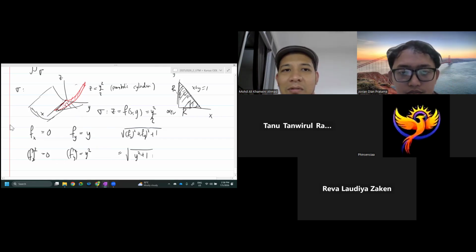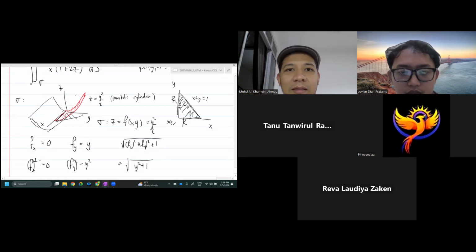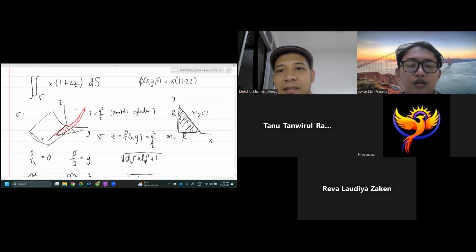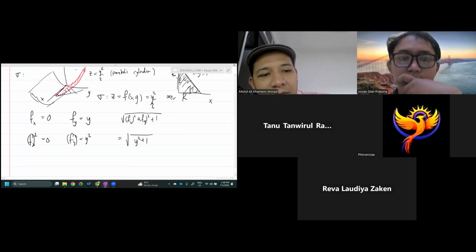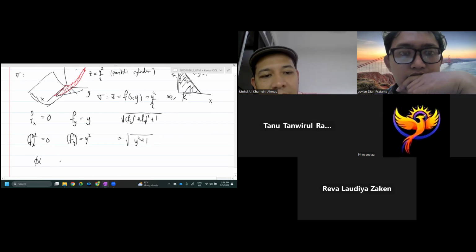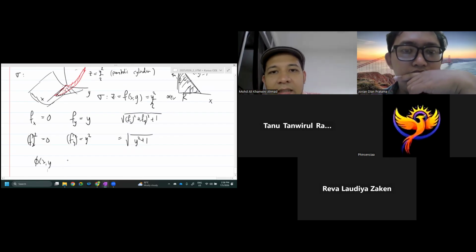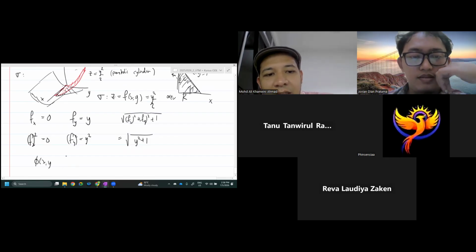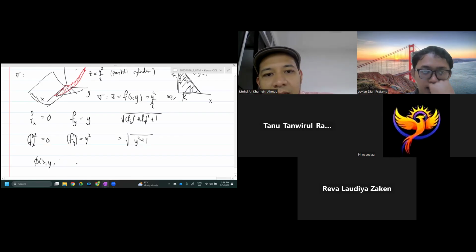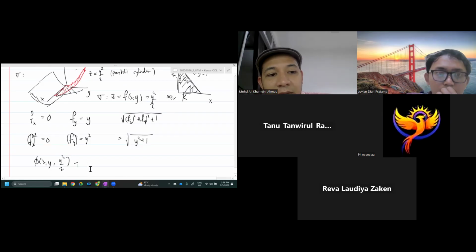Next, you need to compute the scalar function, x, y, z. Now z is substituted by this function, y squared over 2. Whenever you see z, you just substitute this quantity.